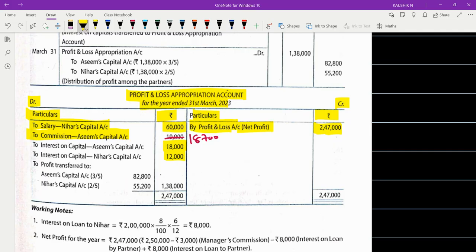And here it should not be 1,38,000, it should be 1,38,300. This is wrong. It will be 1,38,300, and even the distribution will have slight changes. Able to understand?